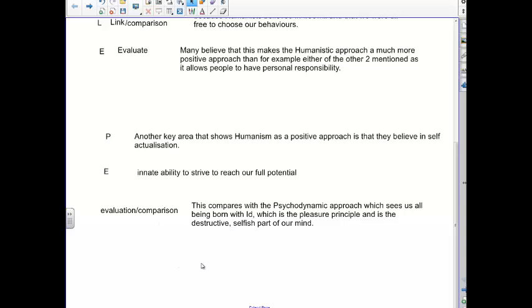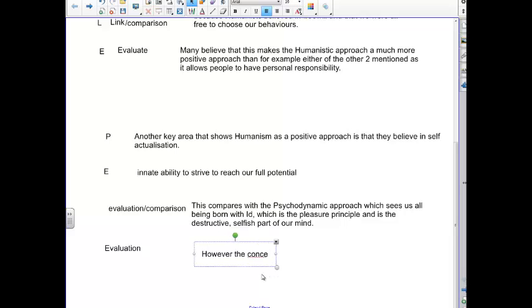So we'll bring in a further point, another E point, and we'll say something along the lines of: however, the concept of self-actualization is a vague concept and has been criticised.